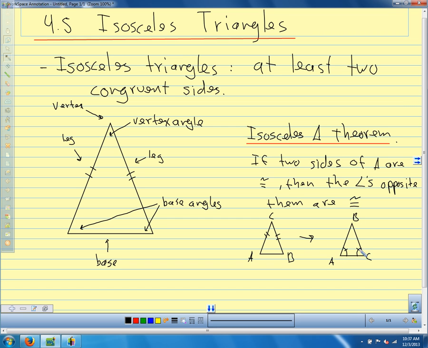If these two sides are congruent, then those two angles are congruent. And we can say, if we write it in symbols, if AC is congruent to BC, then angle A is congruent to angle C. So that's what the isosceles triangle theorem tells us.